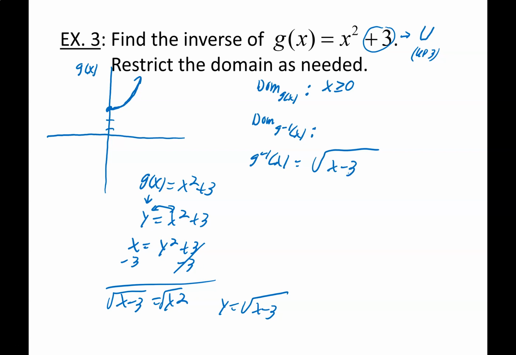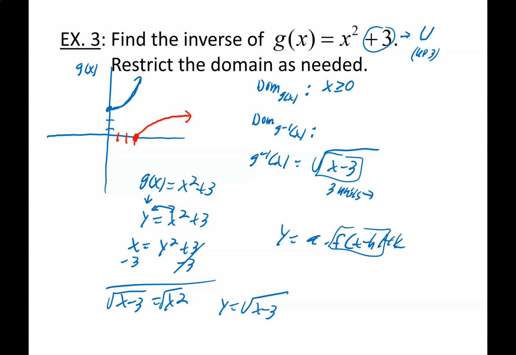Now, transformations. Remember we had y equals a times f of x minus h plus k. So our little x minus 3 is inside, so this is going to go 3 units to the right. Let me do that in a different color here. So it's going to go 1, 2, 3 units to the right.